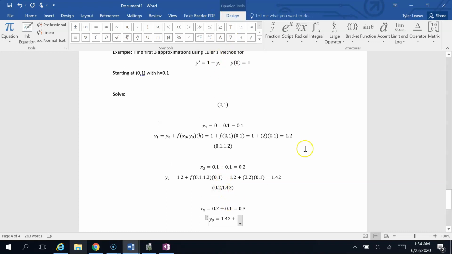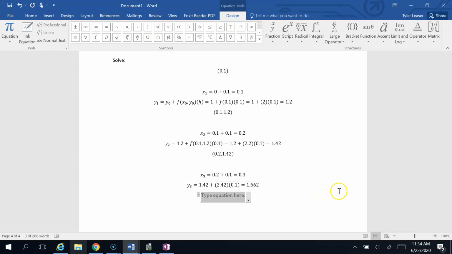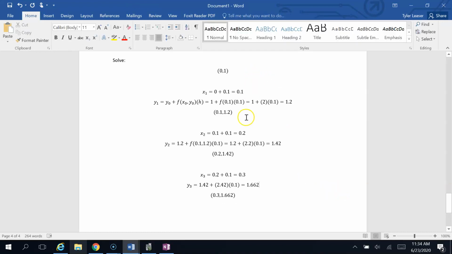So really, I'm just going to replace the y with 1.42. So we get 2.42 there, times the step size 0.1. That comes out to be 1.662, which means that my final approximation point is (0.3, 1.662). Okay, so that's all we were asked to do here. We were asked to give these three ordered pairs, the three approximations using Euler's method.